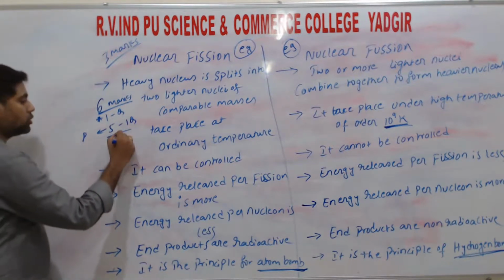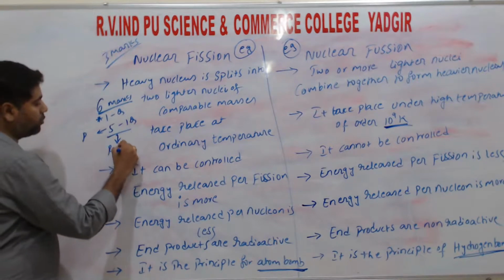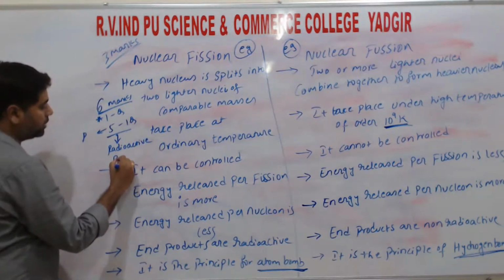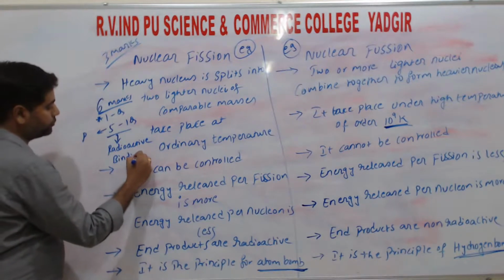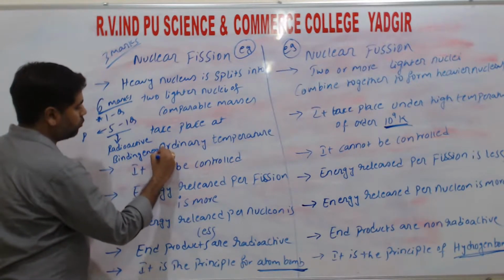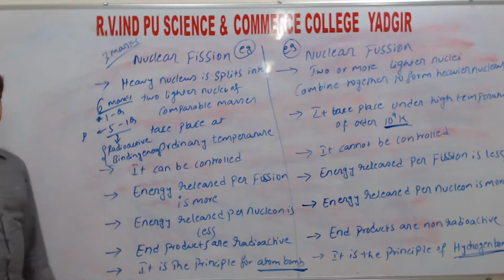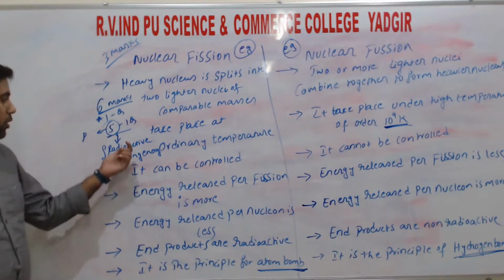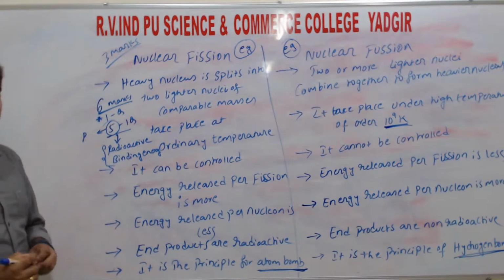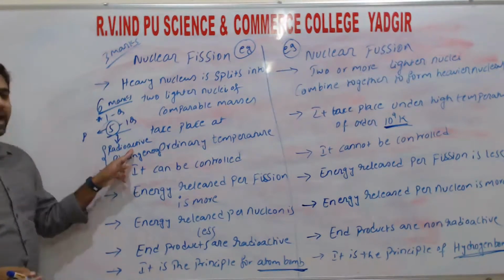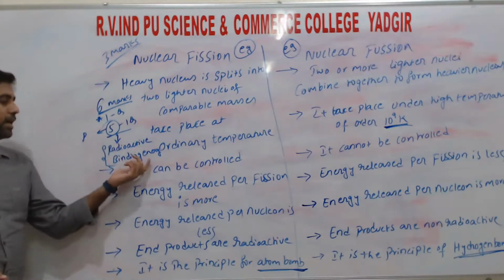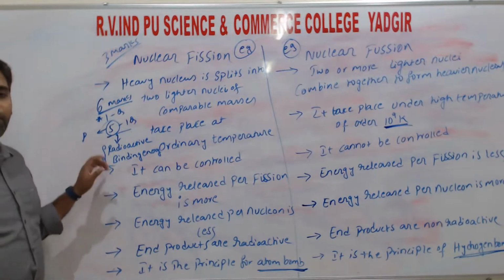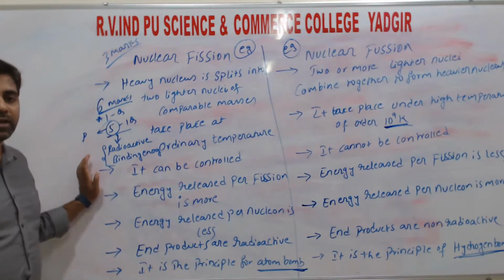That is also from the radioactivity and also binding energy. Only on these two concepts we are getting the problem, that is for 5 marks. So these problems are very simple. Here in radioactivity we have 3 relations, and in binding energy we have only 2 relations. That is, mass defect and binding energy and specific binding energy.